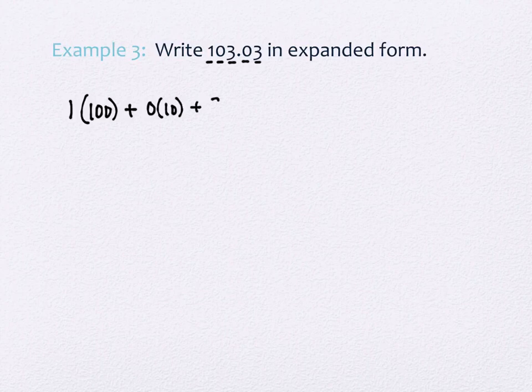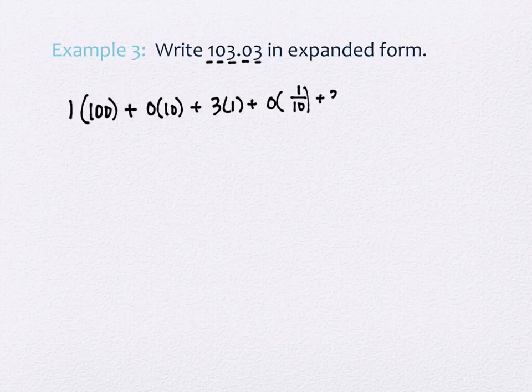Okay, so here's what we're going to write in the expanded form. So each of these places is going to be written as a multiplication factor. So the first one's a 1. So we're going to write 1 times 100. If you skip the 0, it's okay. I'm going to write it out just so that I've covered all of them. You've got 0 tens, 3 ones. You've got 0 tenths, so that's the 1/10.